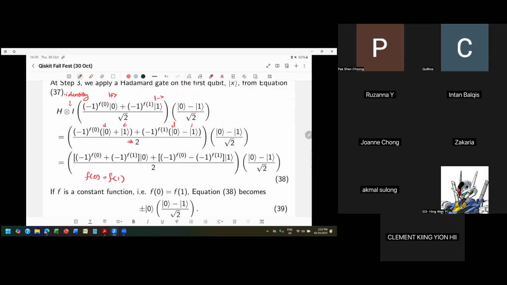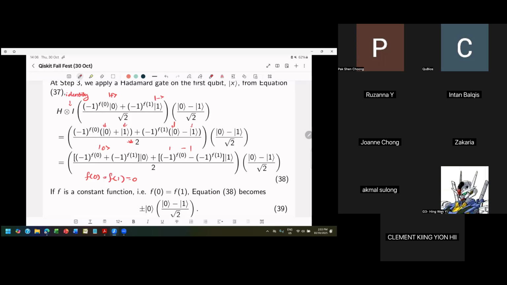So if f is a constant function, let's say they are 0, then this will become 0. Over here, this is 1 minus 1.